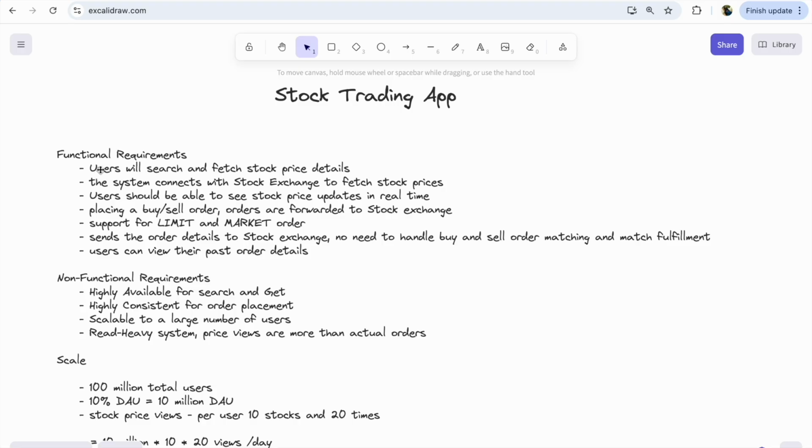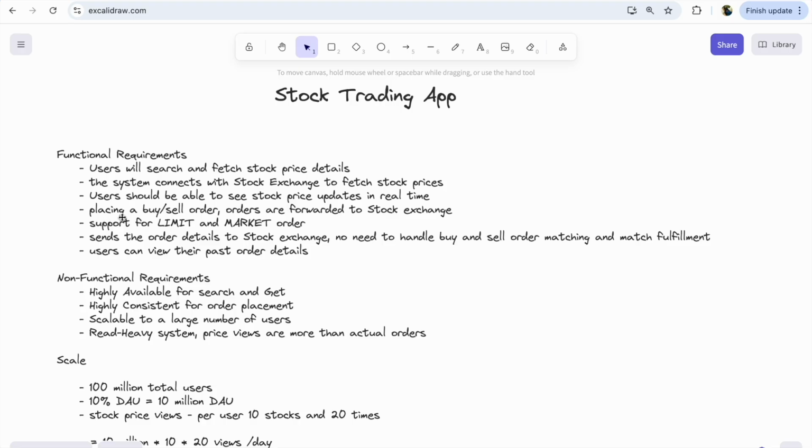When the user comes to the stock trading app page, the user will be able to see the stock price for the particular stock. But when the user is on that page, whenever the price gets updated, that price update should come to that page immediately in real time.